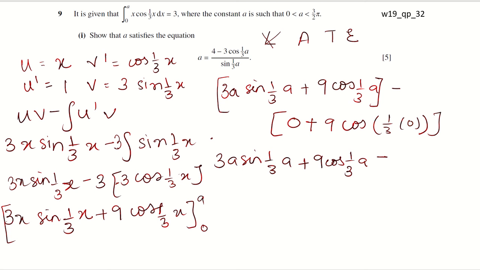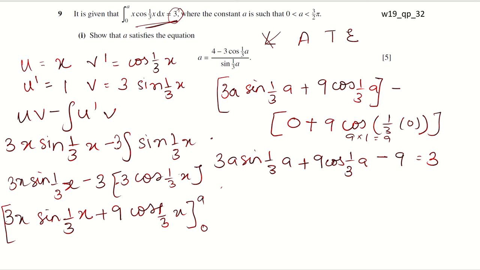Anyways, so 3a sine 1 by 3a plus 9 cos 1 by 3a minus, this is 9, all right? This is 9 because cos 0, or cos 1 by 3 multiplied by 0, is going to be 1. So 9 multiplied by 1 is equal to 9, right? So yeah, minus 9, and that's going to be equal to 3, right? Because why is it going to be equal to 3? Because the question says so, right over here.